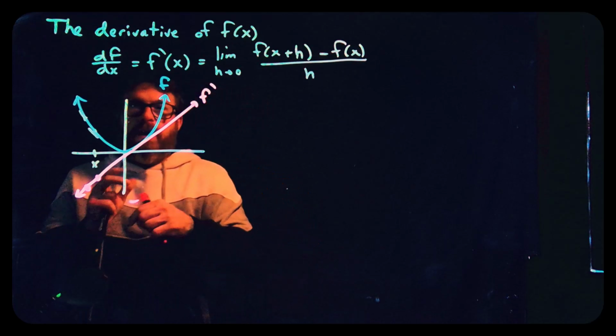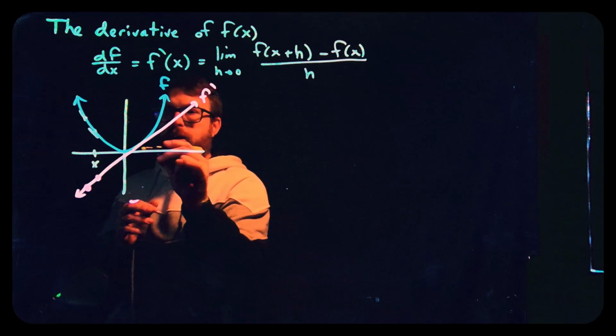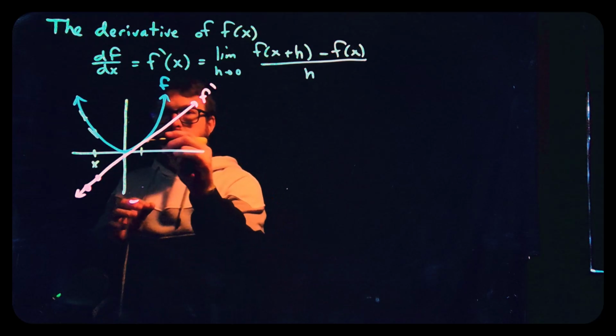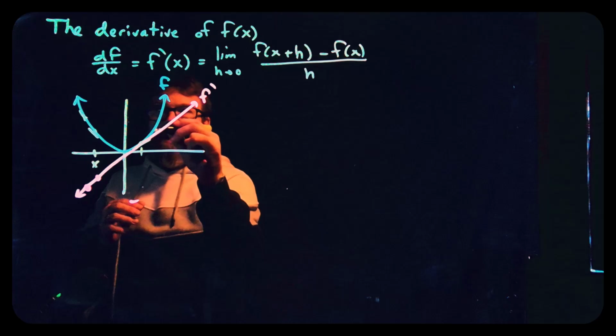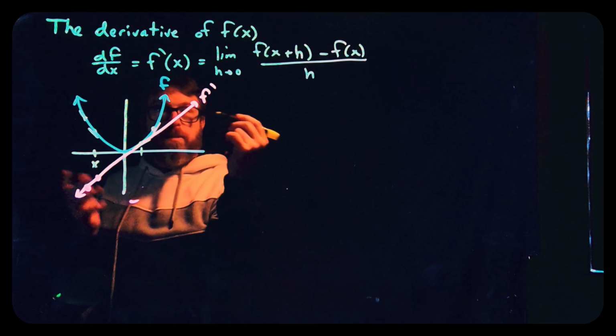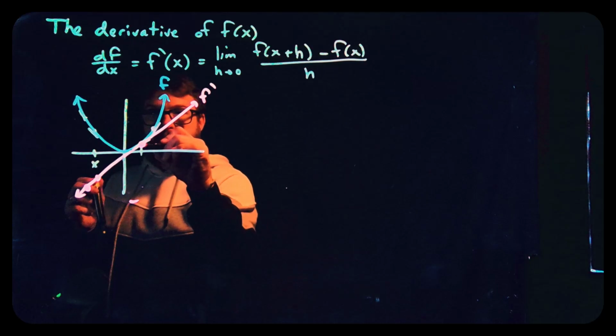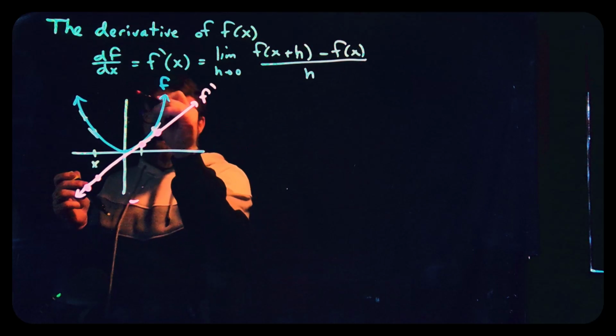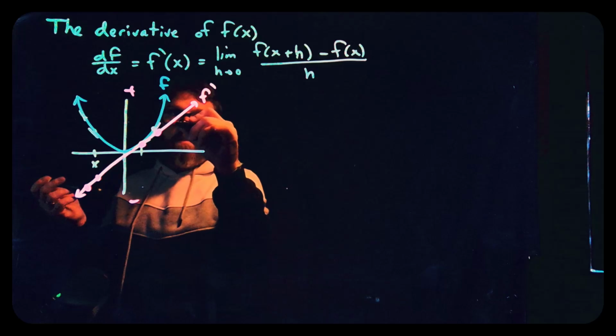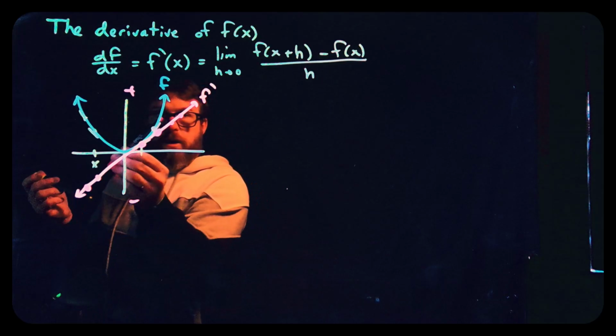And if I pick an x value over here, you can see the slope is going to be positive. If I pick an x value here, the slope is going to be steeper, so more positive. The outputs are going to be more and more positive as I go up.